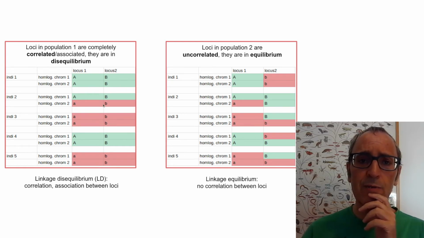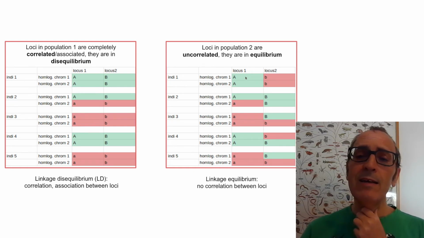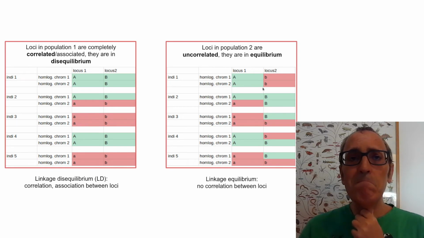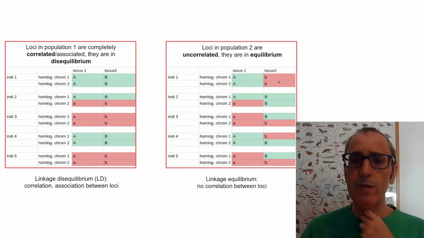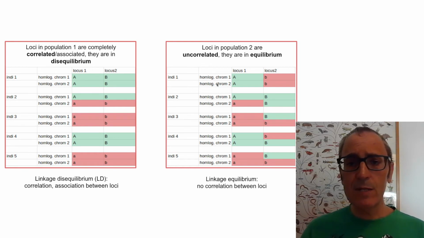The correlation is very high. In the other example, the information about the genotype of one locus does not say anything about the genotype of the other locus. So we have measures that tell us about this correlation.